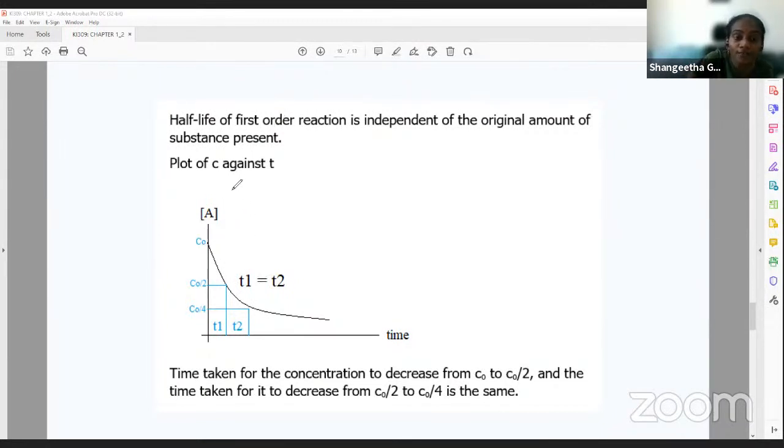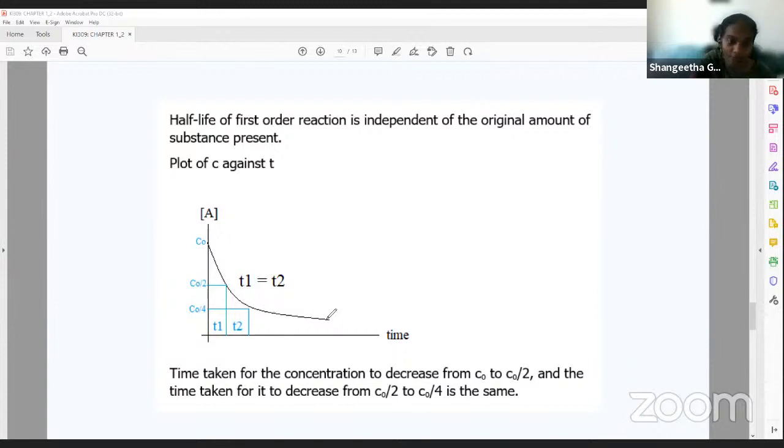If it is a first order reaction, when you plot the graph of concentration against t, now it's concentration, not ln A, for the half-life method we want to plot concentration over time. You will get a graph that looks like this.